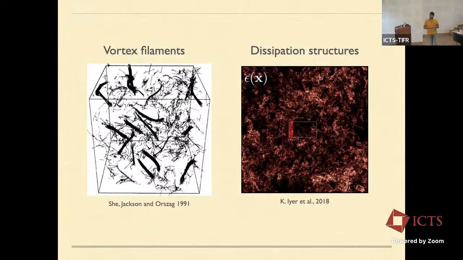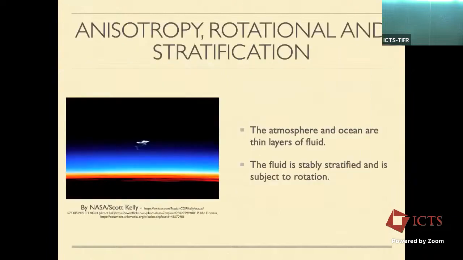So these structures are vortices, where you see elongated vortex filaments, and here you see the dissipation structures which show this phenomenon of intermittency, which I will not go into details, which are corrections to the phenomenological theory of 3-dimensional turbulence.